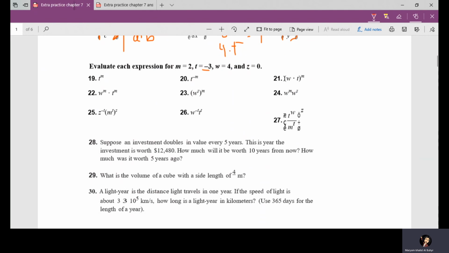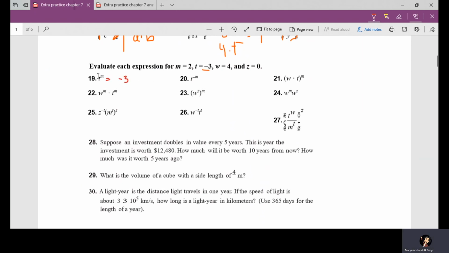So here we have to substitute. So substitution. I encourage you to simplify first. If you need to simplify, then do the rest of the steps. Then do your evaluation. Evaluate, which means substitute by the number that you have. T is given as -3.